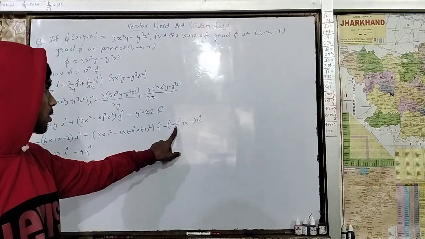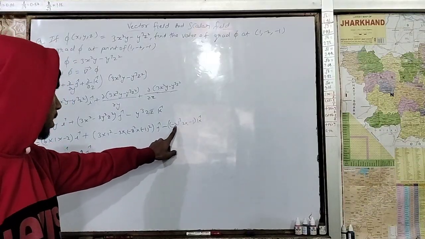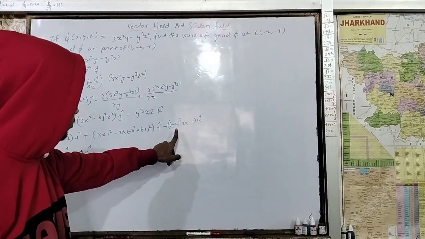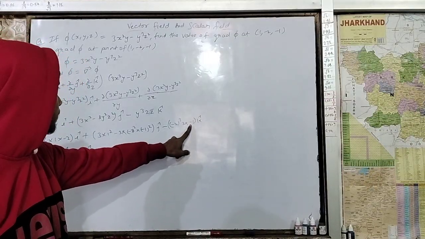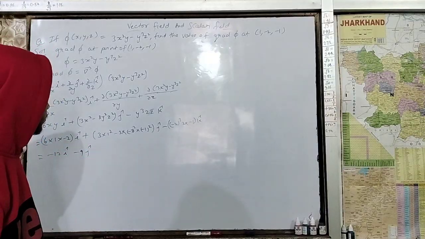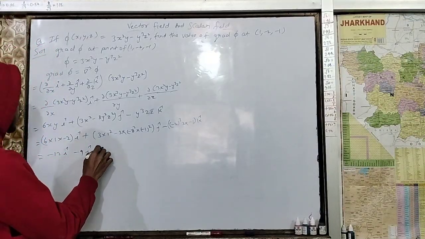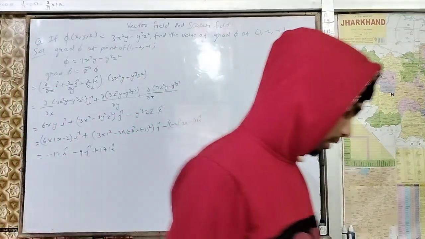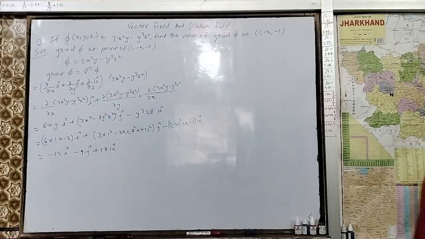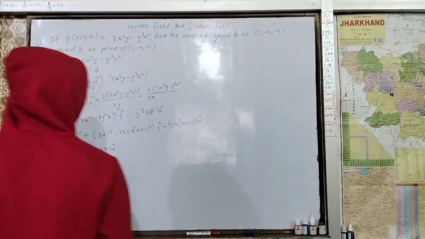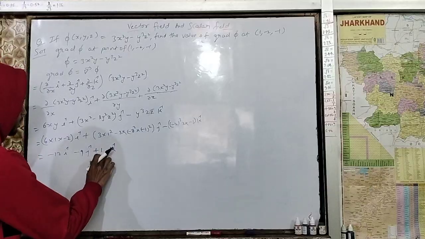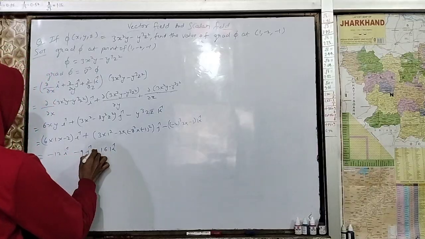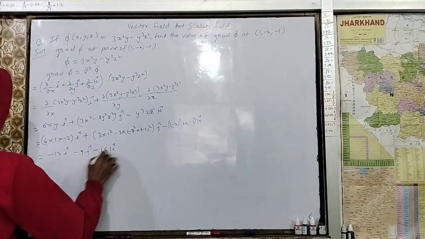Then we have minus 8, 8 times 2 is 16, minus 16 minus 1 minus 70 minus 20 plus 20 k cap. Is this answer correct? Yes, this is correct, but it should be 16, it should be 16 k cap.